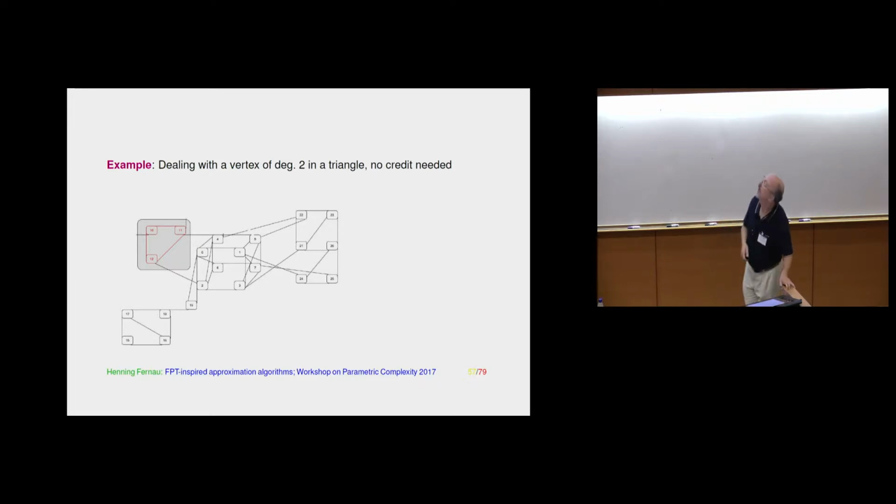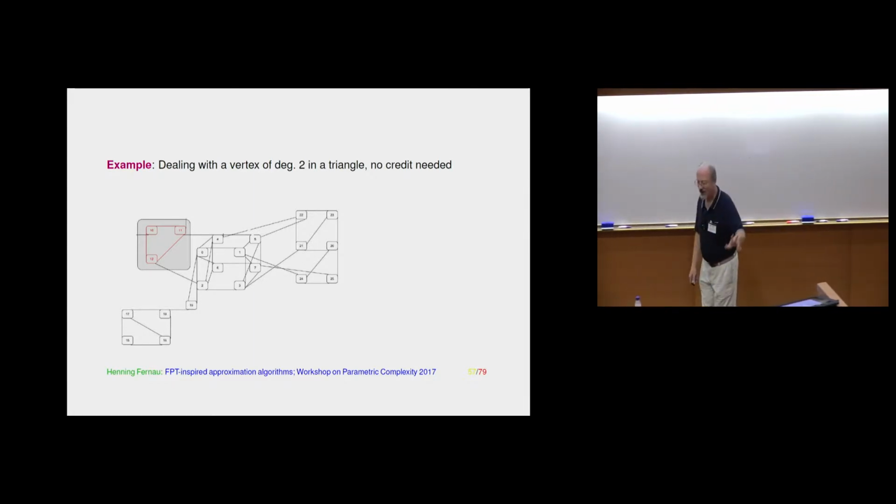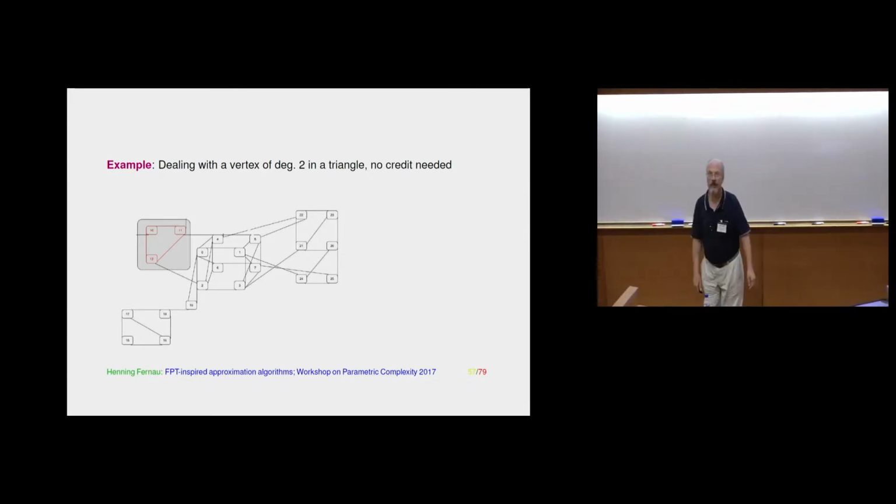What's here? So I'm deleting here 3 vertices and how many edges? I'm deleting 3 edges in the triangle, these 2 edges connecting to 4 and 2, and then this other edge that I didn't draw is also now deleted, so therefore in the following it doesn't matter. So I'm really deleting 6 edges for 3 vertices, and that's fine.